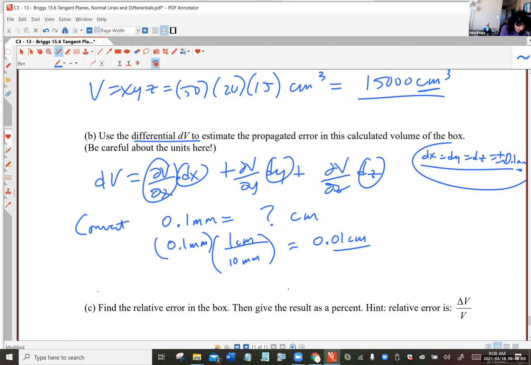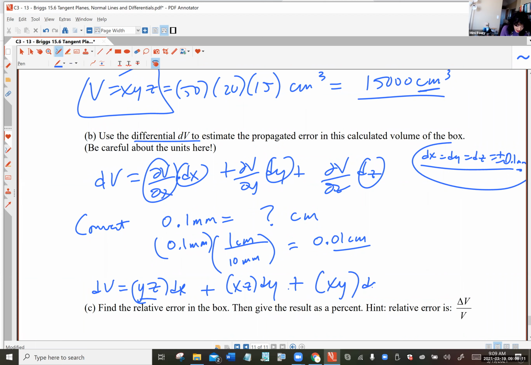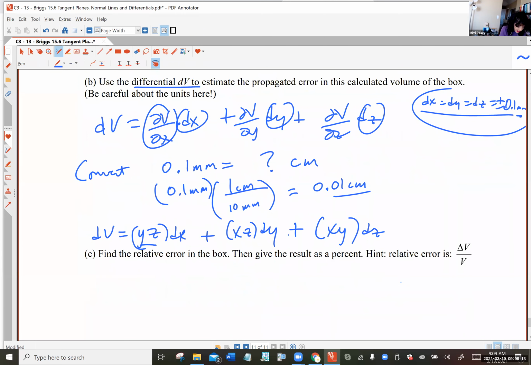What about the dV? The differential is going to be, well, when I take the derivative of xyz with respect to x, I get yz, and you're going to multiply that by dx, plus the partial with respect to y would be xz and then dy, plus the partial with respect to z is xy. And so you use the measured values.